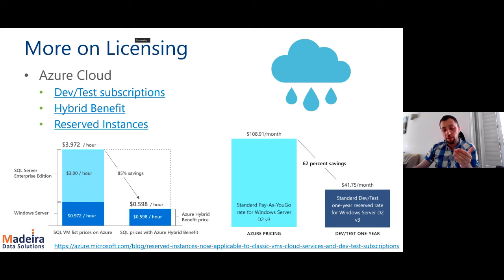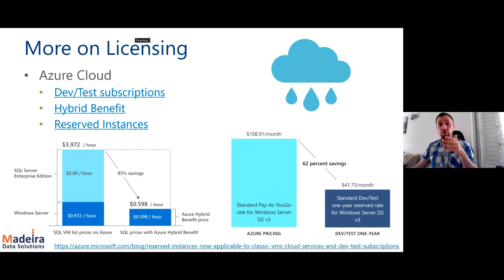If you have a license that you already paid for, let's say you migrated from on-prem and you already have a license, and you're using that same license after you migrated into Azure, you could have the hybrid benefit, which entirely removes the licensing component from your SQL Server estate in Azure.